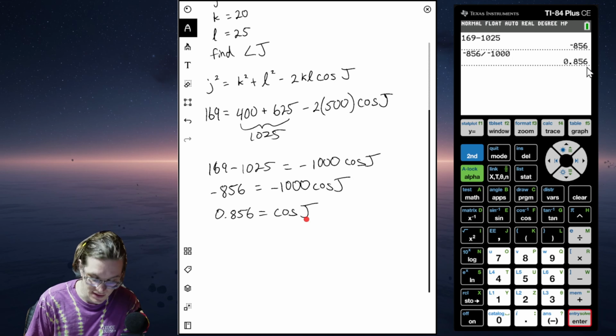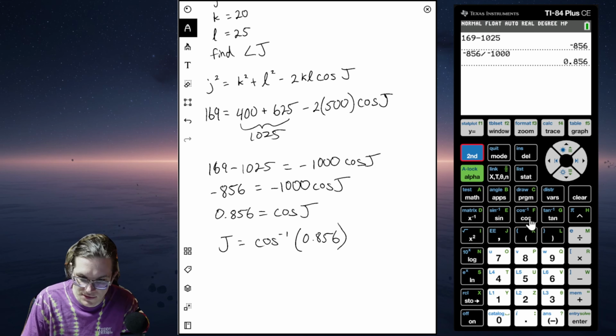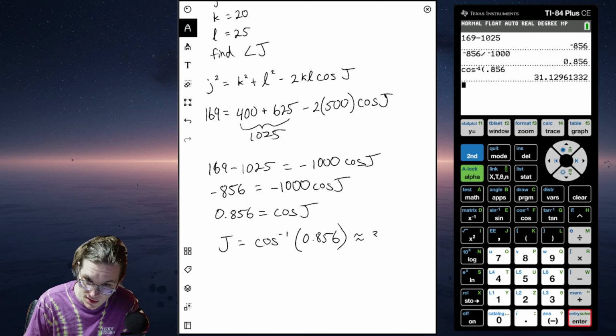So we're going to do the same thing here. We need to use inverse cosine to find the angle J. So inverse cosine of 0.856. Can't do that in my head. 0.856 will give us approximately 31.1296 degrees.